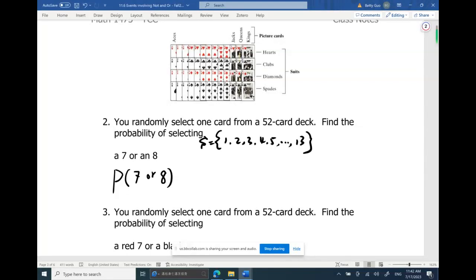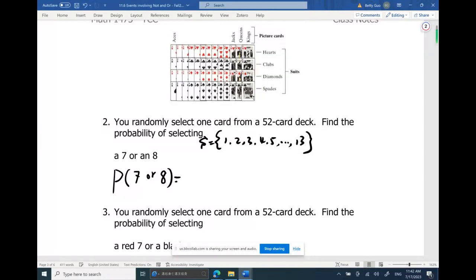Okay, so remember, whenever we need to find the probability of A or B, we need to consider, are those two events mutually exclusive or not? Think about, is it possible for the one card you draw to be number 7 and number 8 simultaneously? Is that possible? No. So the two events are mutually exclusive.